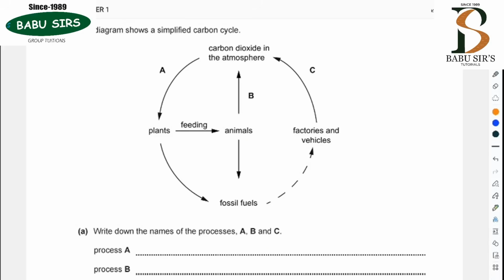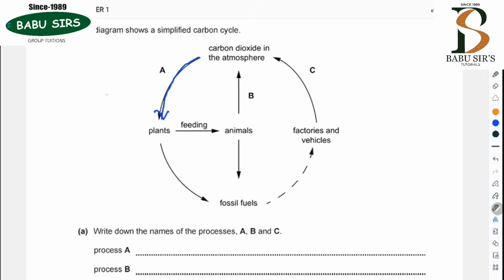Now, question number 8, the diagram shows a simplified carbon cycle. So the first part, that is the A part, you can see the plant is using carbon dioxide to prepare its own food.